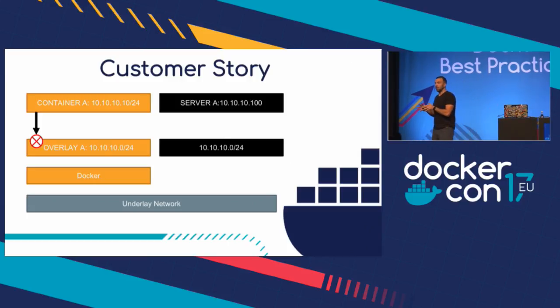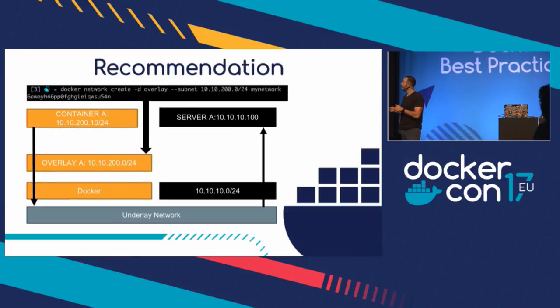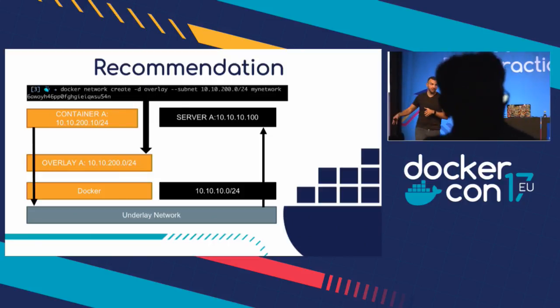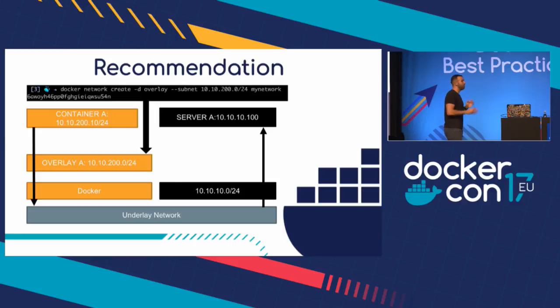So what we recommend is to do the following. When you create a network, make sure that you define the subnet. And before you define a subnet, make sure that you work with the networking team. Designate one or two subnets that they don't use, and you can use them over and over again within your Docker cluster.